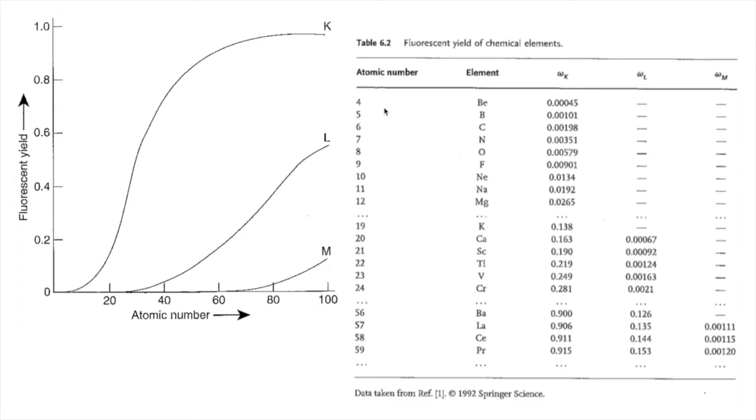So we don't really expect to get K characteristic X-rays for really light elements such as beryllium or lighter, so hydrogen, helium, and lithium. This is a big issue if we think about something like lithium-ion batteries. Lithium is the third element, and it has basically 0 fluorescent yield, so we don't even expect to see those.